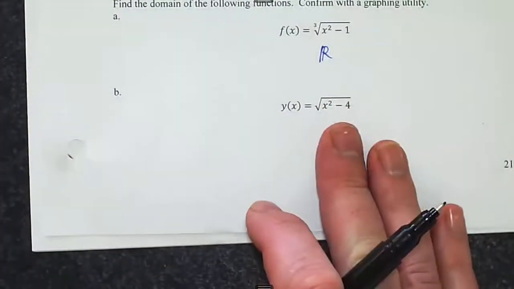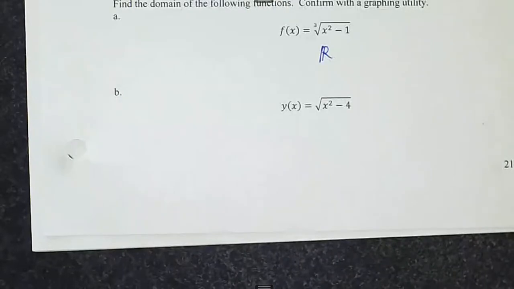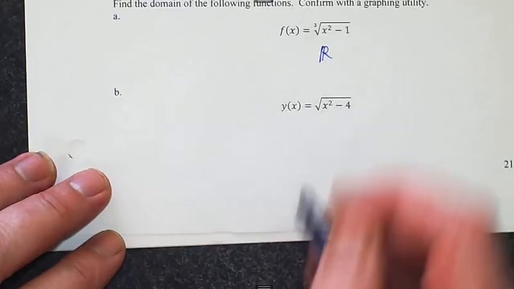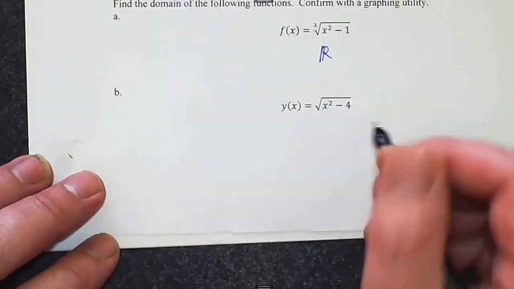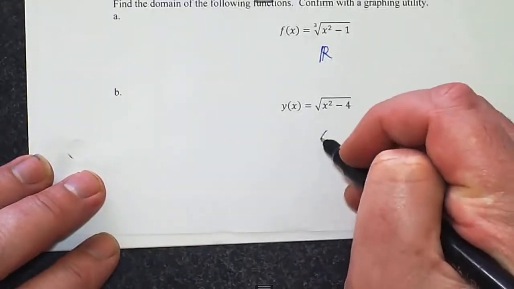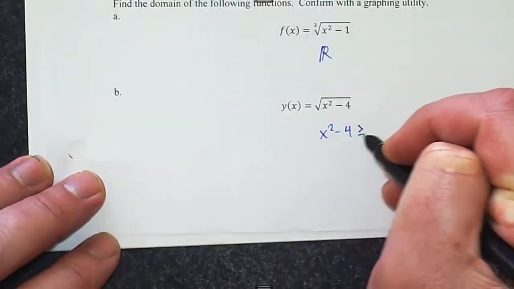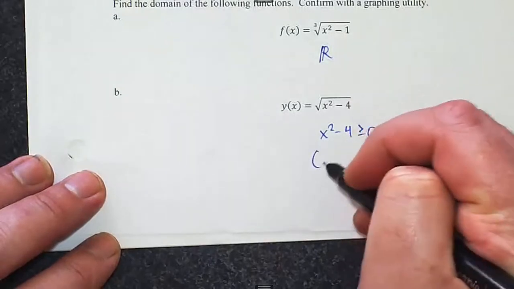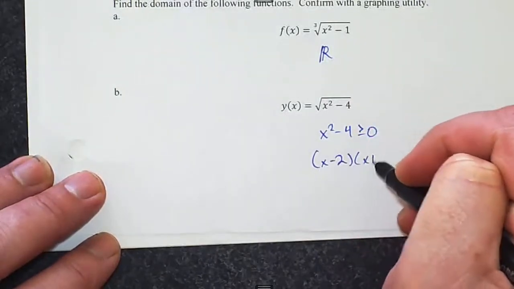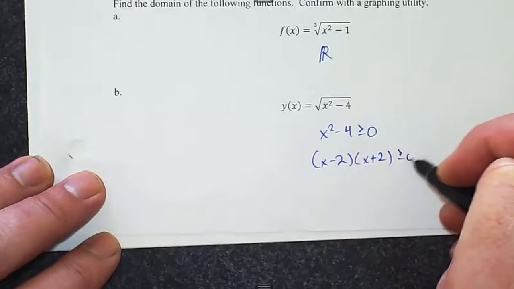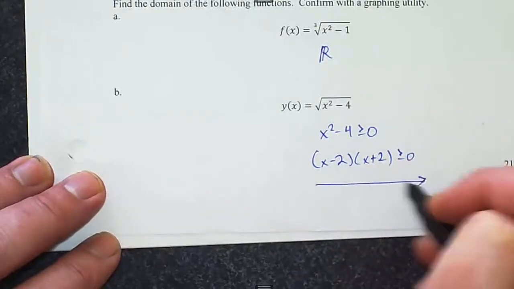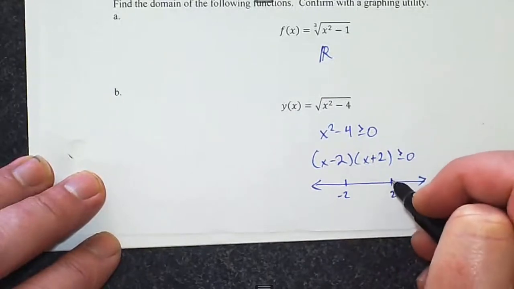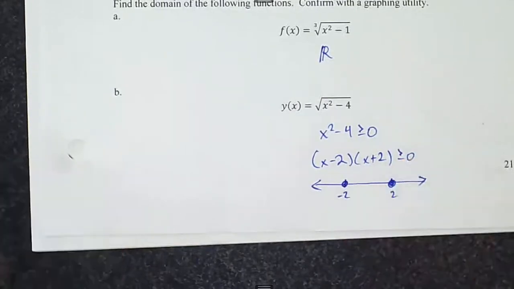All right, but this here, then I do have something to worry about because I got a square root, not a cube root. So I'm going to say that my domain requires that whatever x values I use, they have to make x squared minus 4 greater than or equal to 0. So I'll draw a number line. Negative 2 is the 0 there, and positive 2. So that's where they're exactly 0. Those are okay.